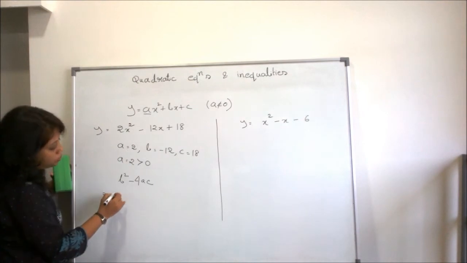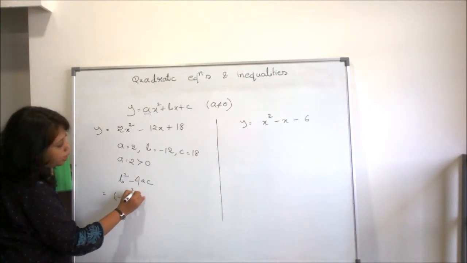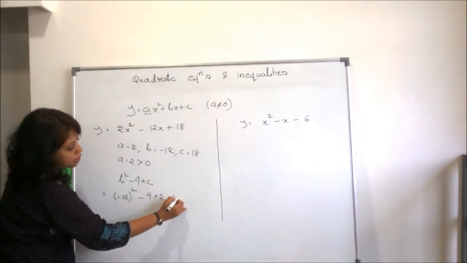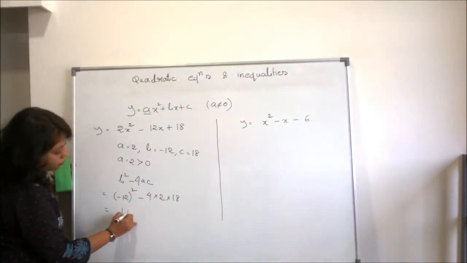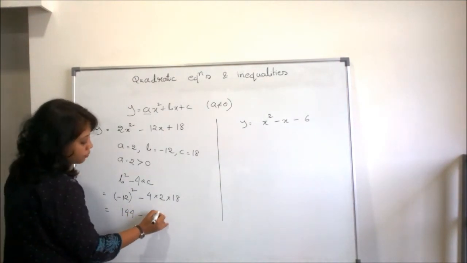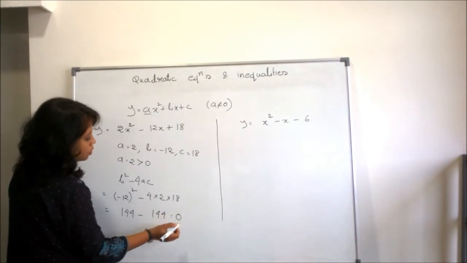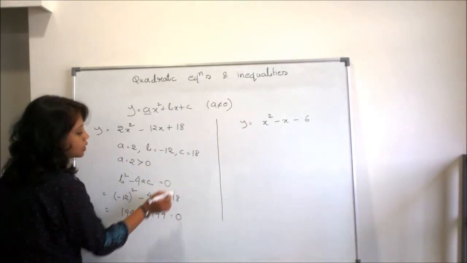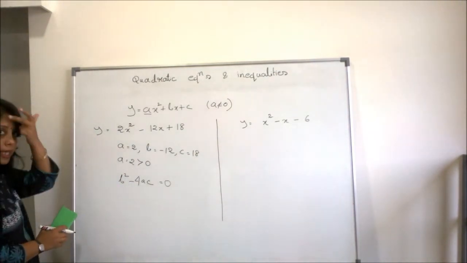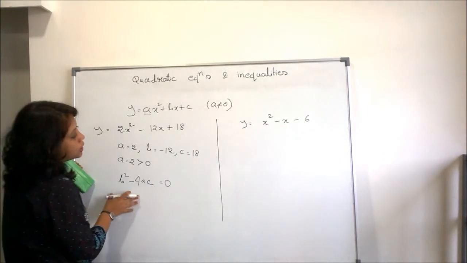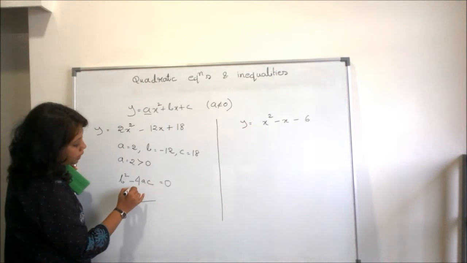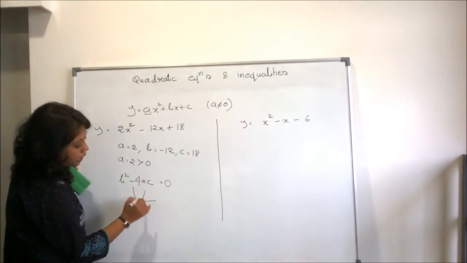Here we have minus 12 squared minus 4 into 2 into 18, so that is 144 minus 144, which is 0. So the discriminant here becomes 0, which means it will touch the x-axis. From this we can conclude our graph will be of this form and it will touch the x-axis.